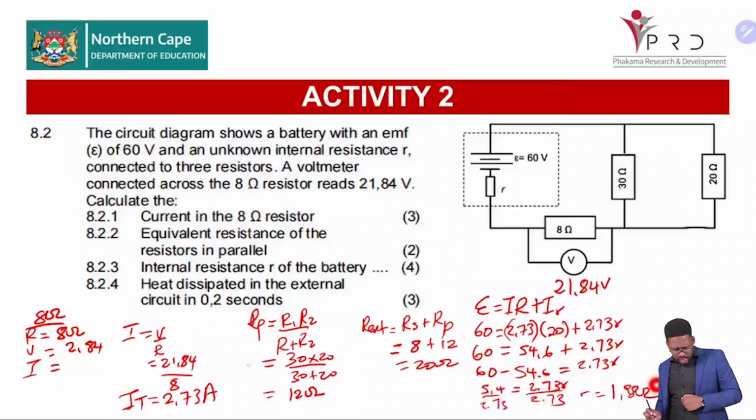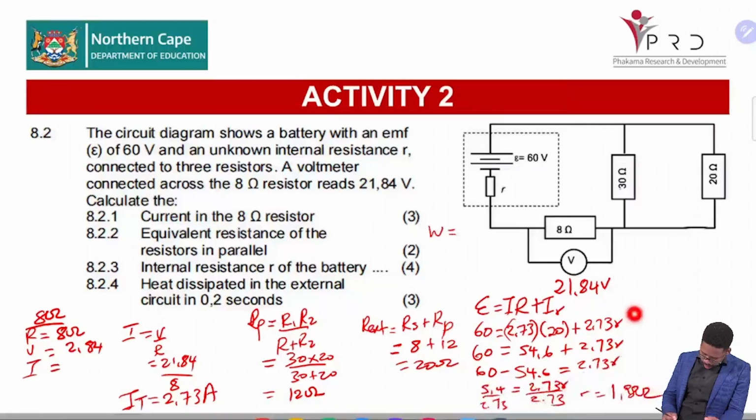The last question, heat dissipation in the external circuit in 0,2 seconds. Then you can say W, if you like. You can use I squared R multiplied by change in time.